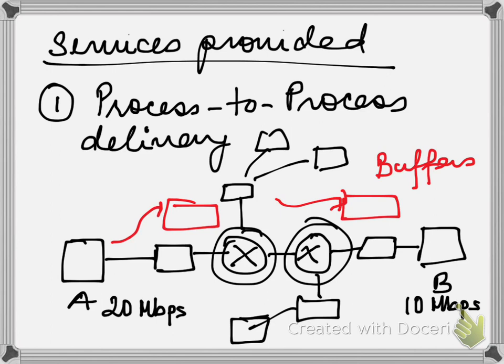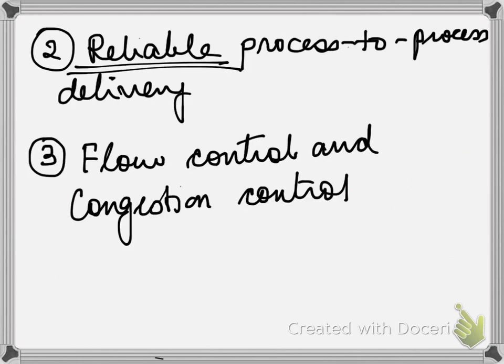So there has to be some kind of a mechanism by which A and B will negotiate earlier, before the communication starts, as to how fast or how slow the transmission will take place. So the controlling of the rate of transmission is a responsibility of the transport layer, and this is known as your flow control.